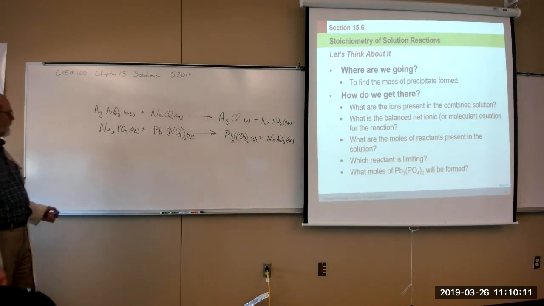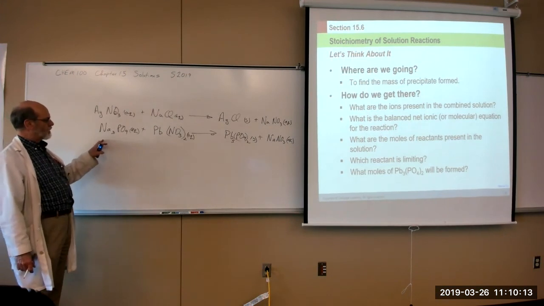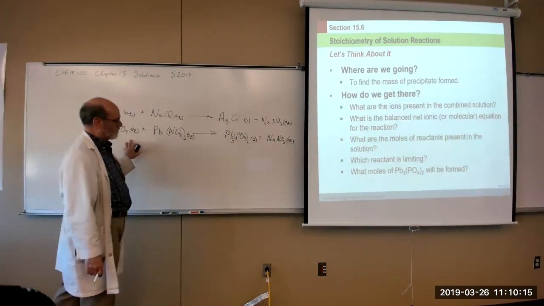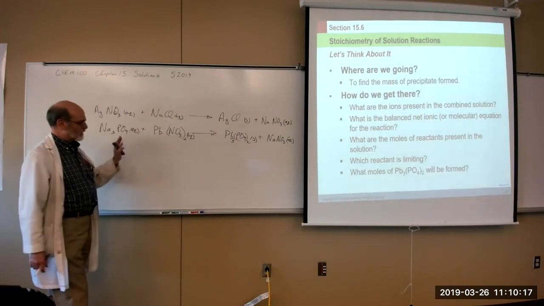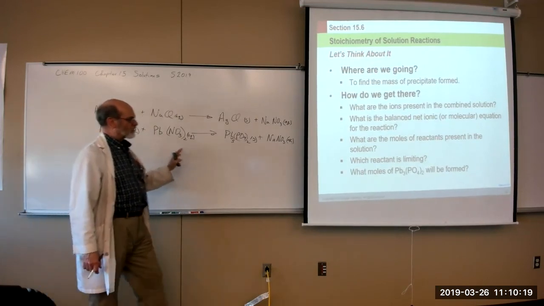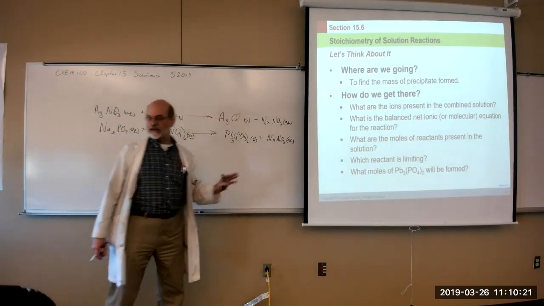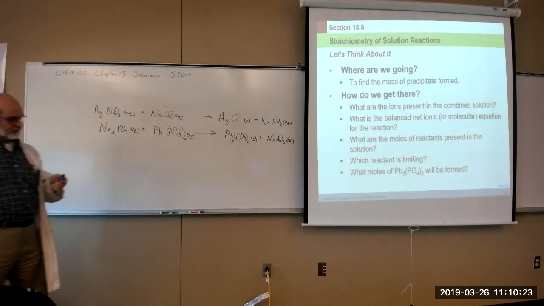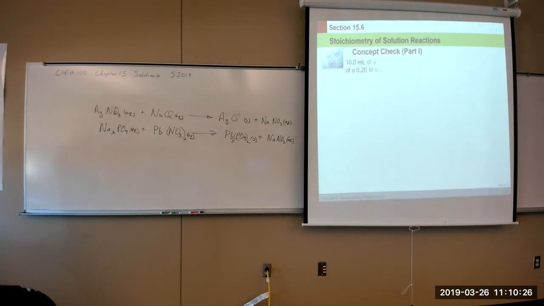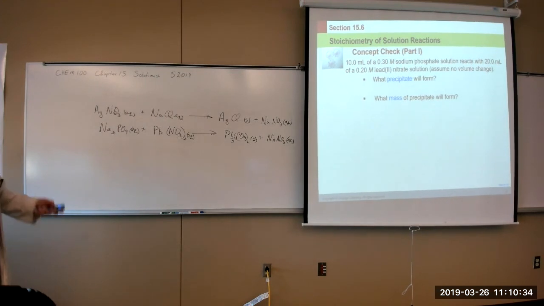Well, then you want to find out how many moles of each you start with. And then you find out which is limiting, and that tells you the maximum amount you can form of your solid. We're running kind of short of time here. Sodium phosphate reactant, lead 2 nitrate.